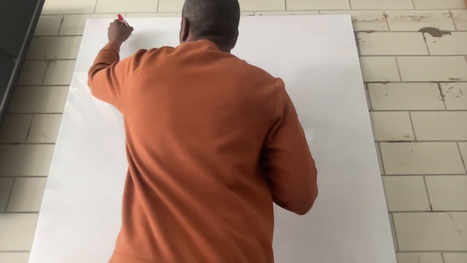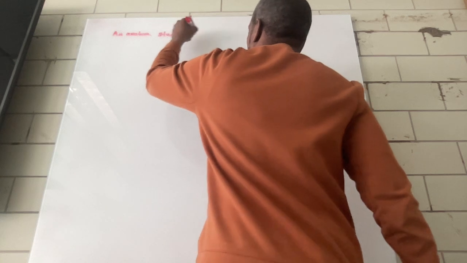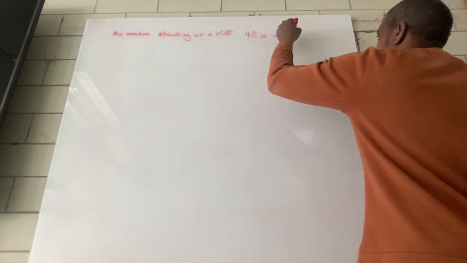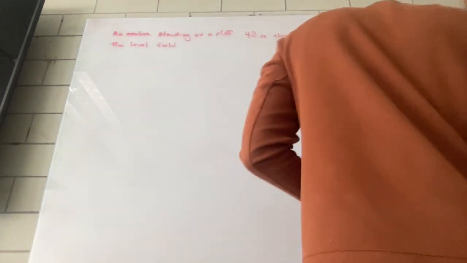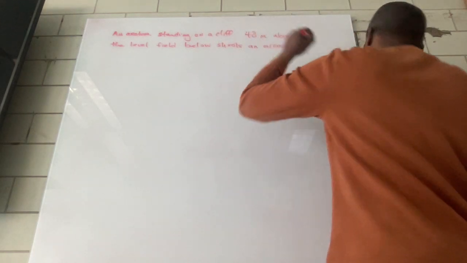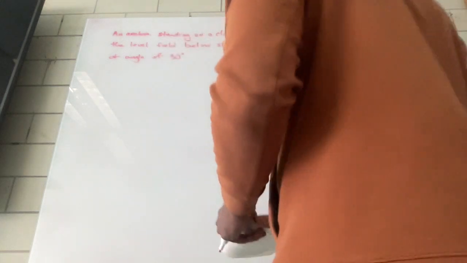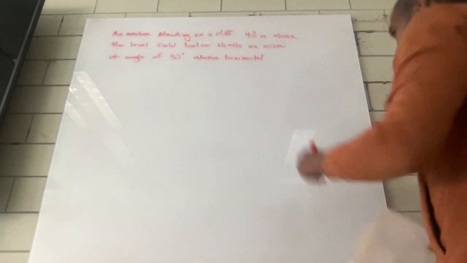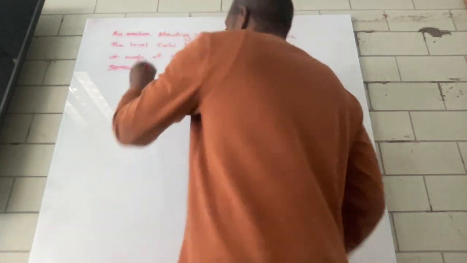An archer standing on a cliff (48 meters) above the level field below shoots an arrow at an angle of 30 degrees above horizontal, with a speed of 80 meters per second.